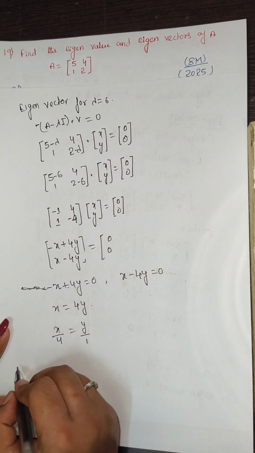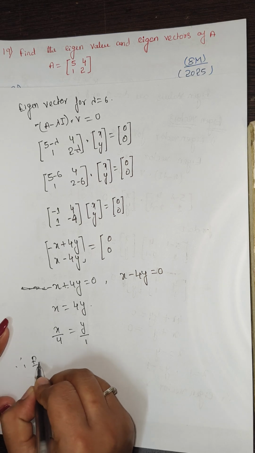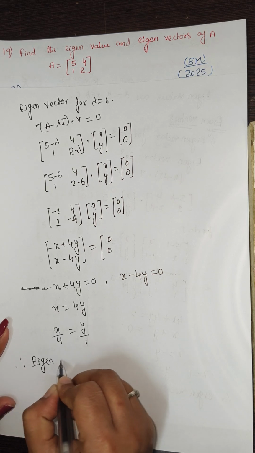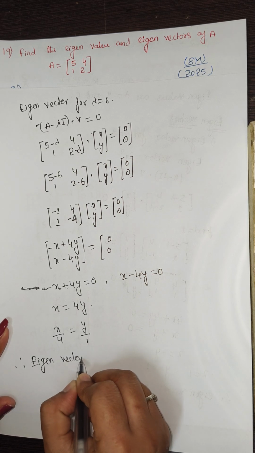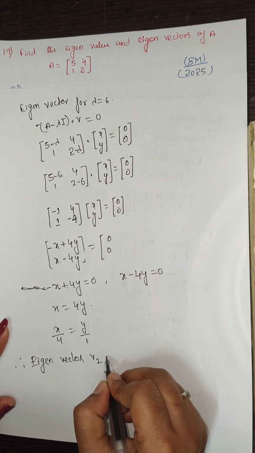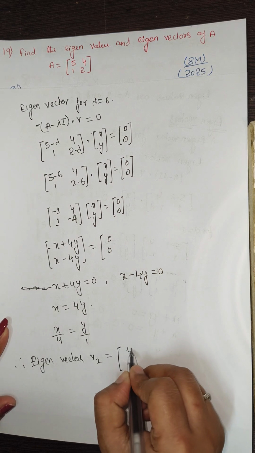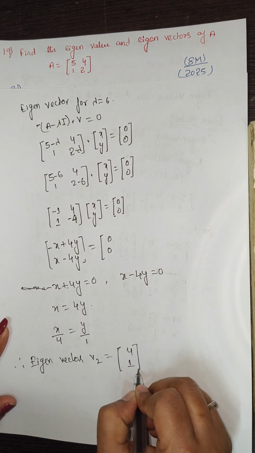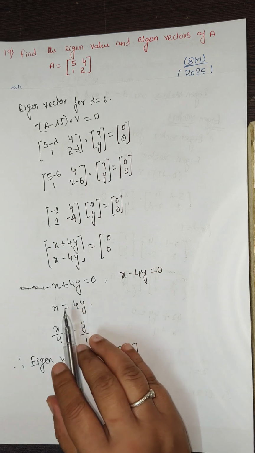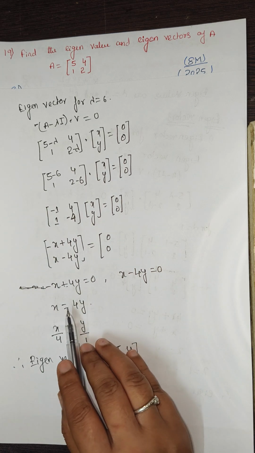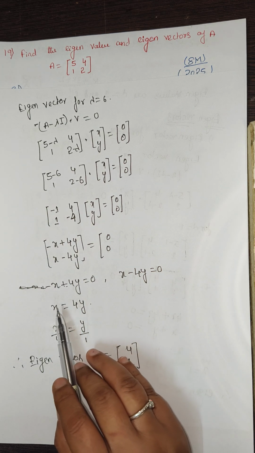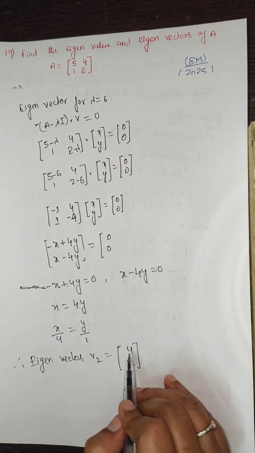Therefore eigenvector v2 is 4, 1. Now see here, the equation we got is x equals 4y.